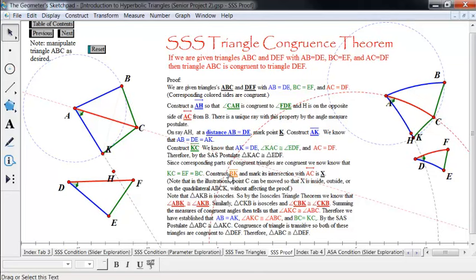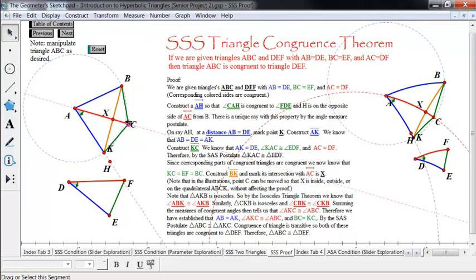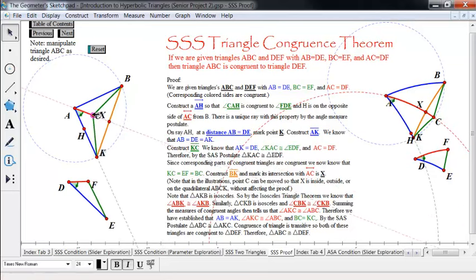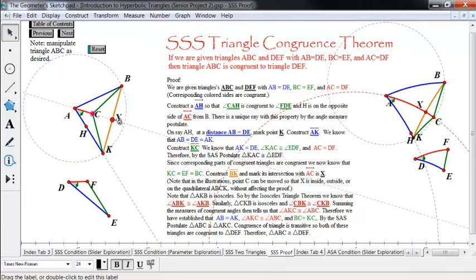Okay? And we can construct a line segment here from B to K. Now, it's going to cross somewhere at some point, call it X. It may not be in the middle. X may actually be outside of the triangle. It doesn't have to be on AC.